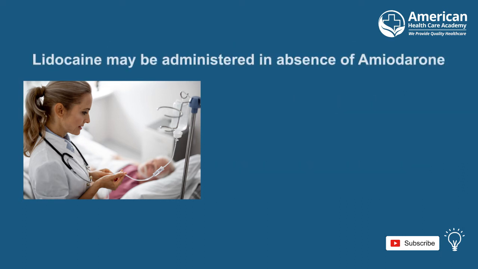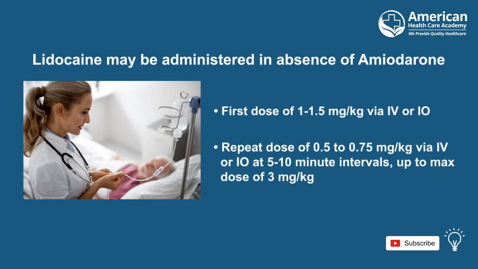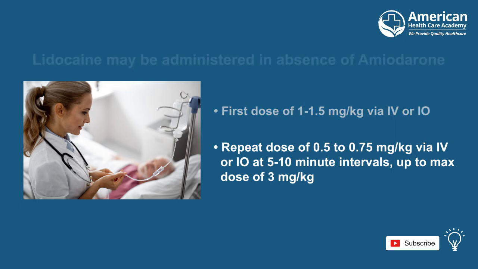If amiodarone is not available, then administer lidocaine in a dose of 1 to 1.5 milligrams via IV or IO for the first dose, then a second dose of 0.5 to 0.75 milligrams via IO or IV at 5 to 10 minute intervals, up to a maximum dose of 3 milligrams.